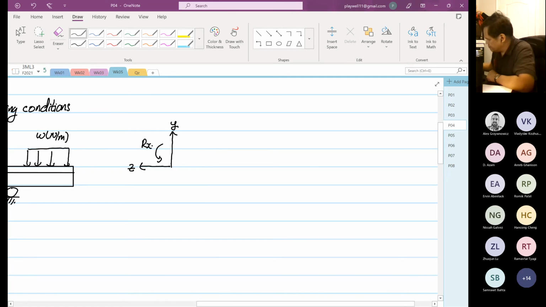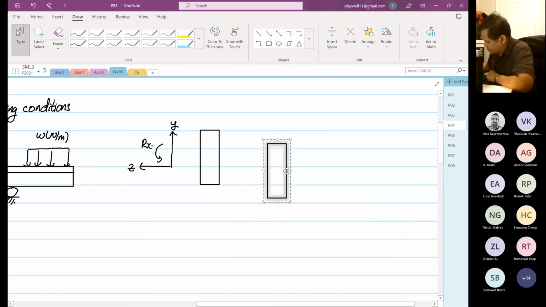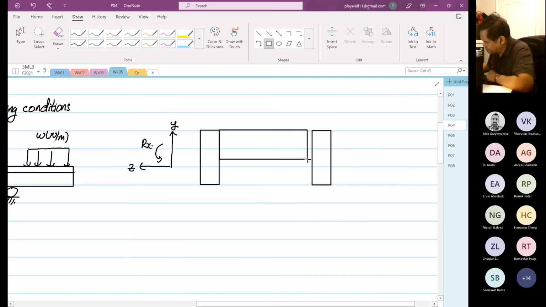Now the structure is made of different members. Right, now your structure looks like this. And this has been fastened by, if it's a wooden structure, nails.